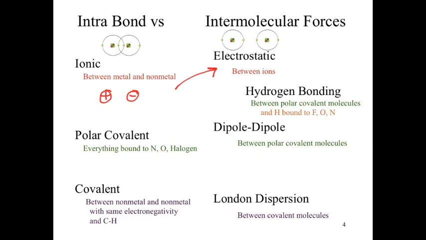What happens if we look at our covalent bonds? Well, that's between a nonmetal and a nonmetal. But so are polar covalent. So that's when we bring in same electronegativity and the extra category of a carbon bound to a hydrogen. Well, what kind of interaction would I expect between two molecules that just have covalent bonding? Well, that's where we get our London dispersion forces.